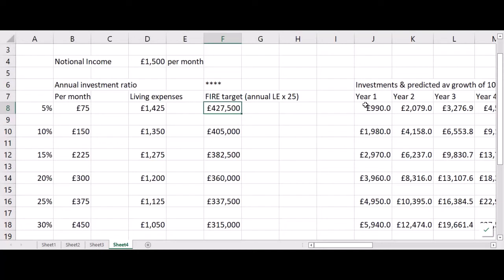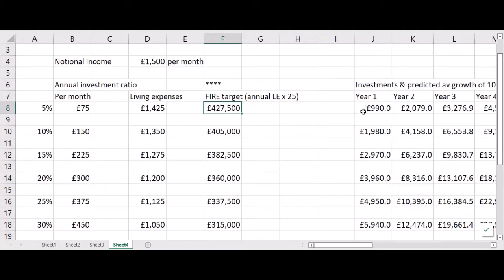Because your FIRE target is essentially your annual living expenses multiplied by 25, at that rate of investment, I would suggest that your FIRE target should be this amount multiplied by 12 to give you the annual total of your living expenses, and then multiplied by 25 again to give you 427,500. That would be the target.